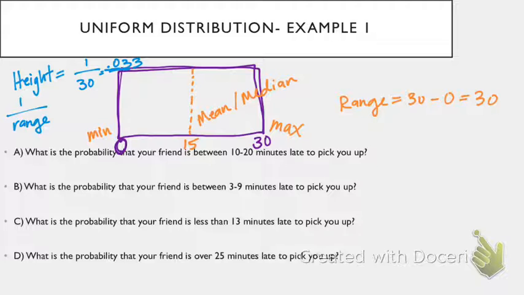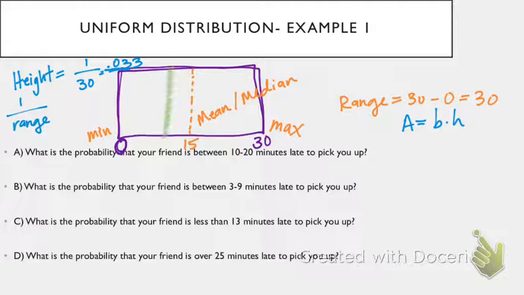When it asks you a probability question like part A, what you're doing to find the probability is calculating the area. The area of a rectangle is what? Base times height. The entire rectangle would be 1, but I'm just looking at individual components of it. Part A says, what's the probability that your friend is between 10 and 20 minutes late?